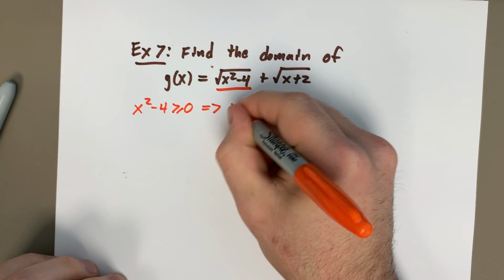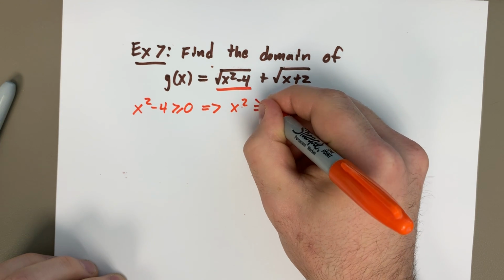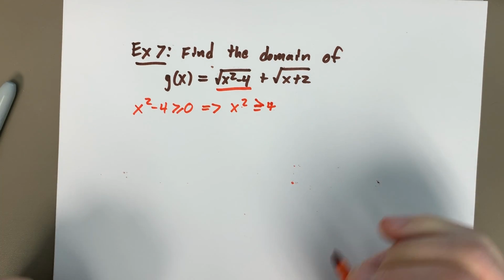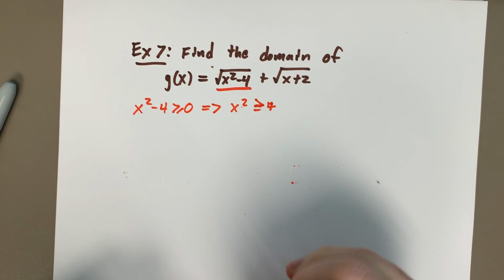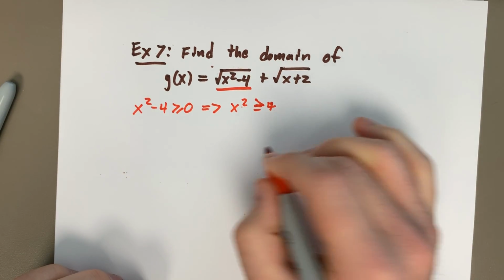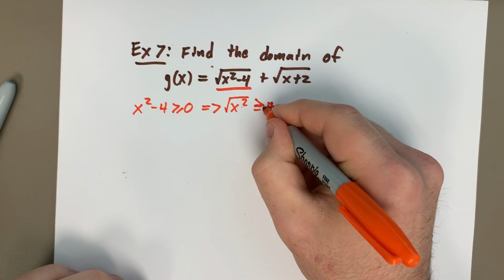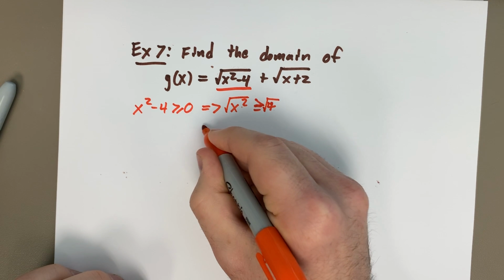Adding 4 to both sides, that implies x squared is greater than or equal to 4. All right? So now I'm trying to isolate x, trying to get x by itself so I know what x values I can plug into this thing. So what I'm going to do is take the square root of both sides. So what does that imply?